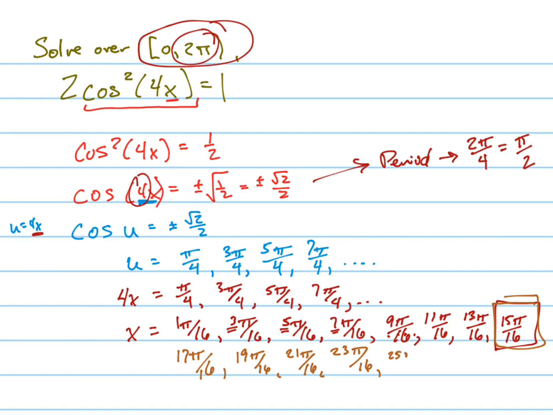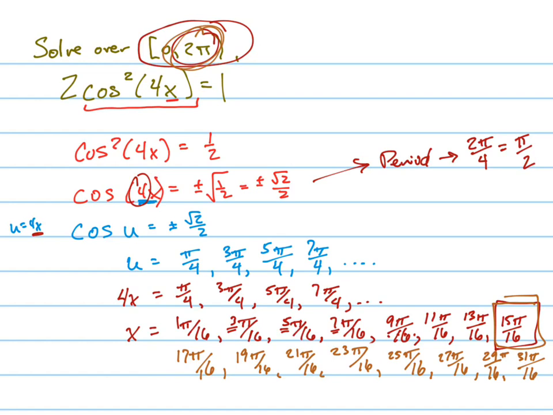Well, is 25 pi over 16 still smaller than 2 pi? Yeah, 25 is less than half of 16, so yes. So 27 pi over 16, 29 pi over 16, 31 pi over 16, and now I can be done.